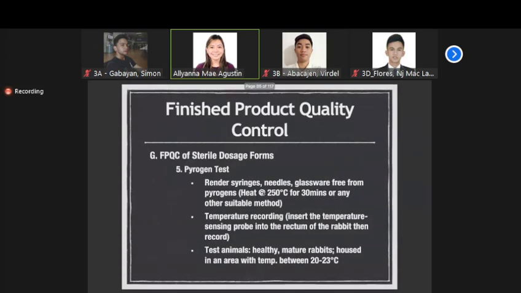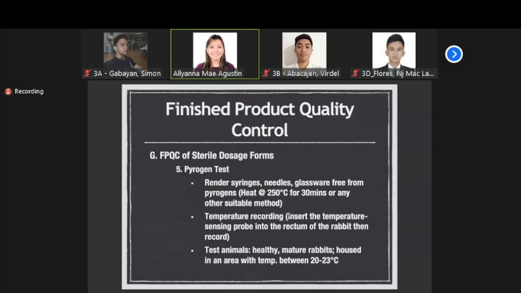We use 3 mature, healthy rabbits, housed at 20 to 23 degrees Celsius. Everything should be sterilized, so we cannot say the pyrogen or endotoxin came from our materials. Everything should be sterilized, clean, and at room temperature. We check the rectal temperature of the rabbit.